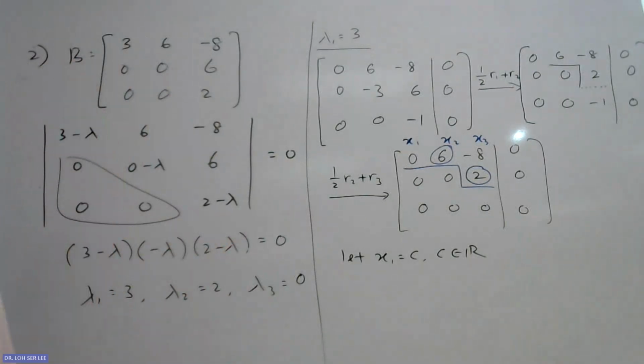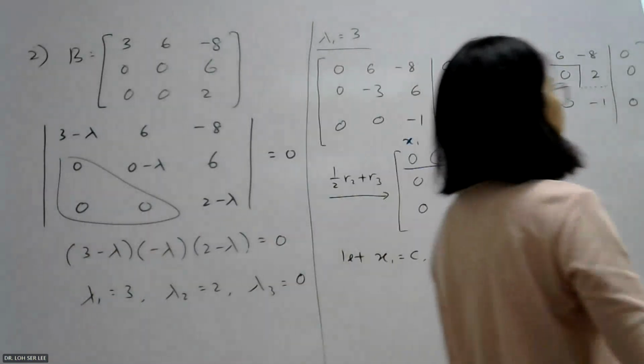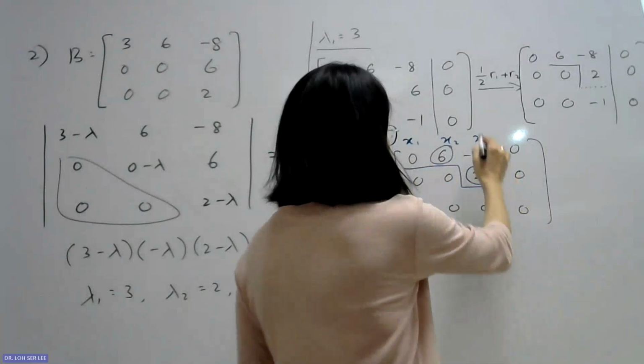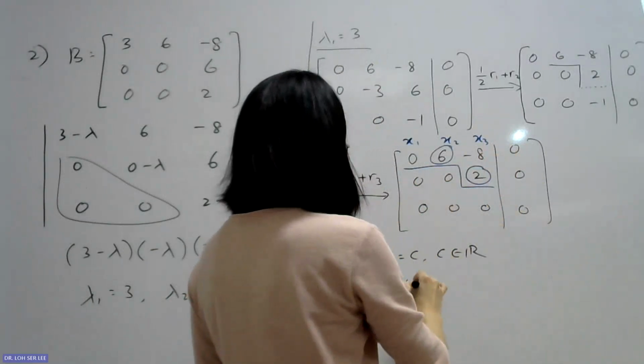Okay, then backward substitution. X3 equals to 0.